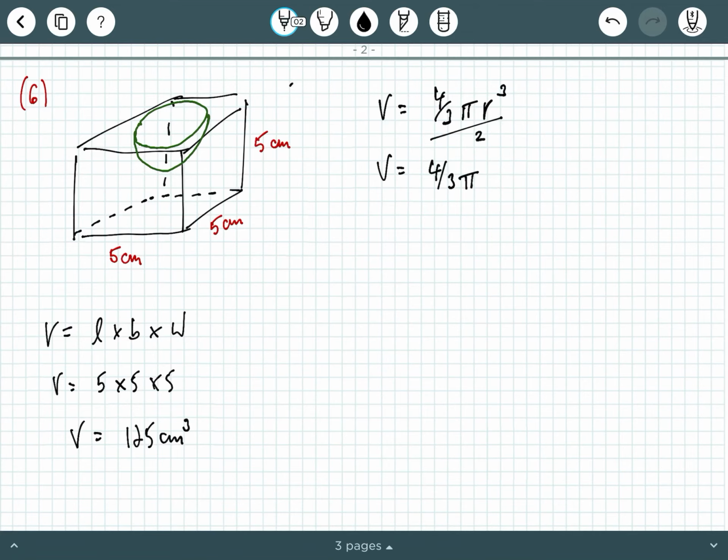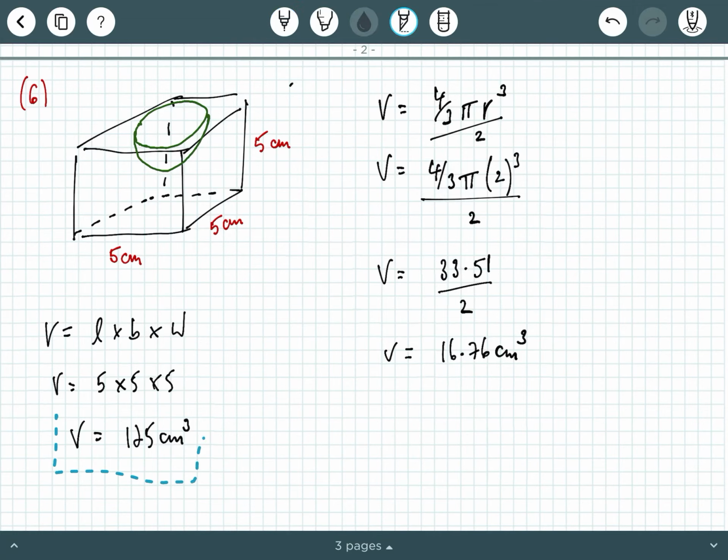In the question, they tell us that the diameter is 4 centimeters. We want the radius, so it's half the diameter, which is 2, to be cubed. And we're going to halve this at the end. When you work that out, 4/3 pi, 2 cubed is 33.51, rounding to 2 decimal places. Then we divide that by 2 to get the hemisphere, which works out to be 16.76 centimeters cubed.